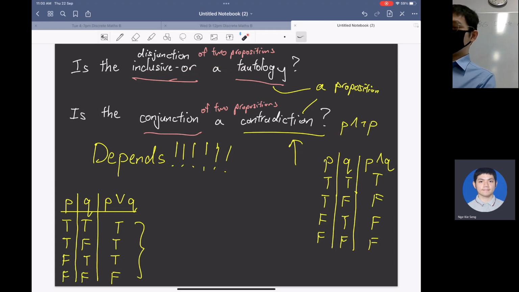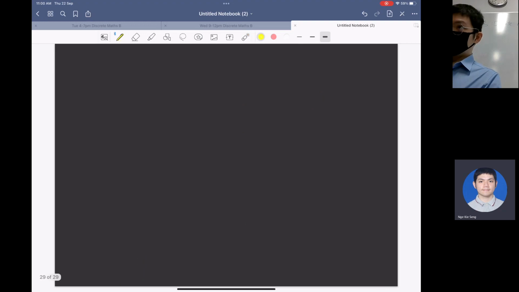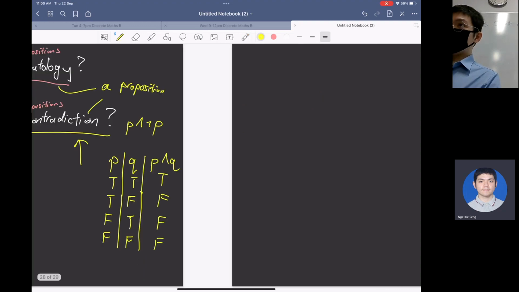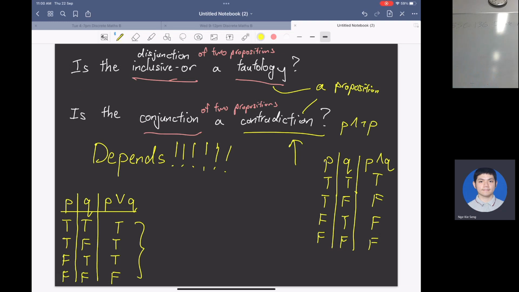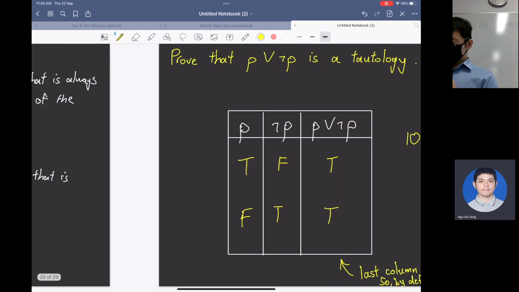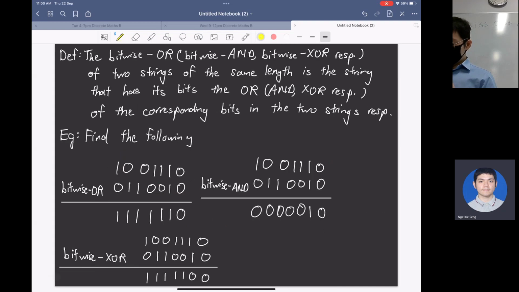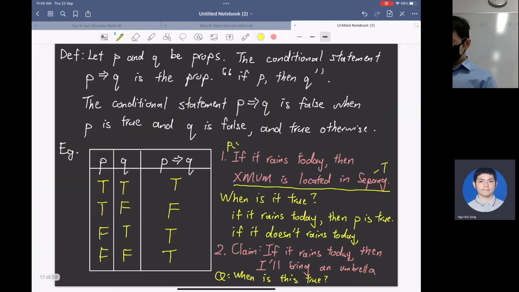Oh, it's not about an example, it's about the definition. What is disjunction? Very good, you ask this question. So I have to go back to the definition.